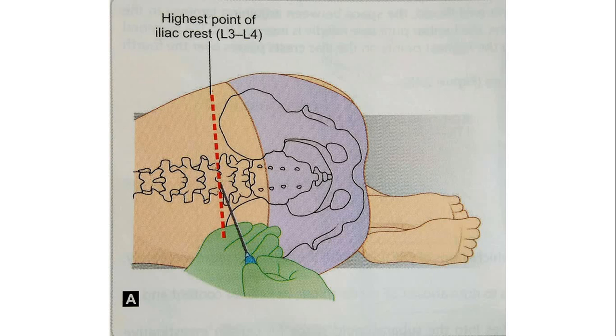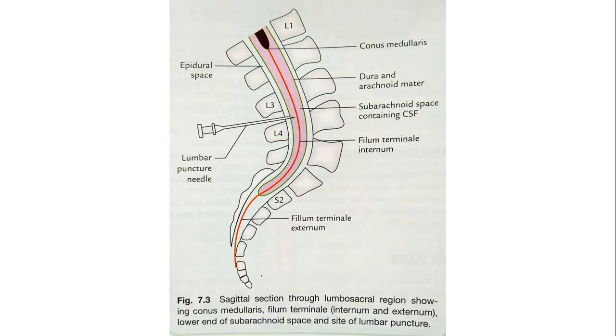This space is used, and the lumbar puncture needle is inserted in between L3 and L4 and reaches the subarachnoid space, and cerebrospinal fluid is obtained for various diagnostic and therapeutic purposes. Through the same needle, an anesthetic agent can be injected, and that is called spinal anesthesia. Spinal anesthesia is useful for surgeries in the lower abdomen, pelvis and lower limb.